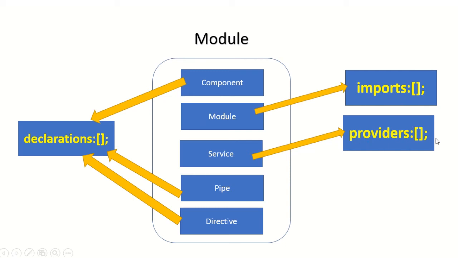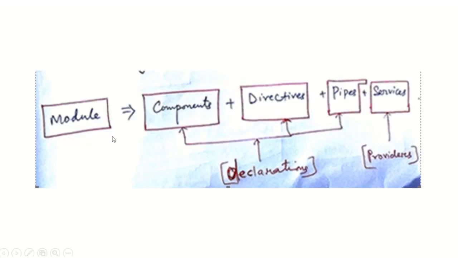In the providers part, we can use services from the outside world. Whatever services are created elsewhere, we can bring in through providers. So a module is a combination of components, directives, pipes and services. Components, directives and pipes go through declarations, and services go inside the providers section.